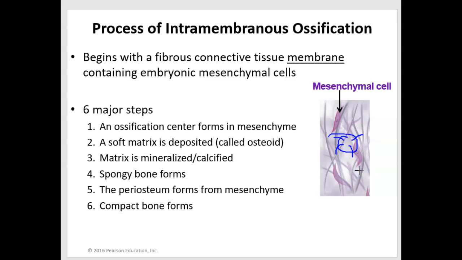Then that osteoid becomes hard when minerals, and calcium in particular, are deposited onto it, and it hardens. Then spongy bone will form, and then a layer outside the forming bone, the periosteum, will form from mesenchyme, and then compact bone forms.